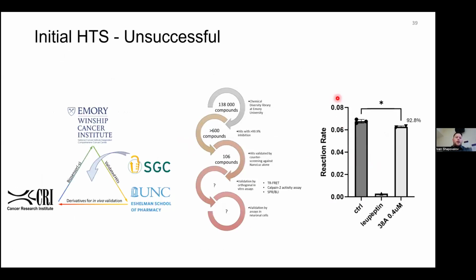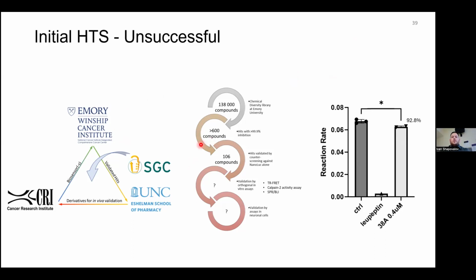So we've done the high throughput screening of over 100,000 compounds, looking for compounds that would interfere with our biosensor dimerization. We've done that in collaboration with the Emory University Structural Genomics Consortium and University of North Carolina. And we obtained about 600 hits from that high throughput screening effort.